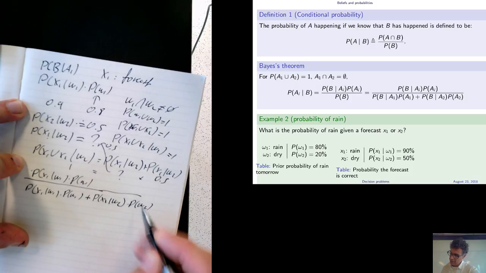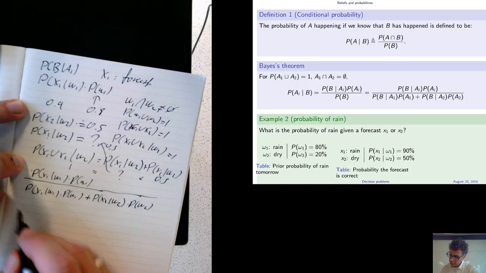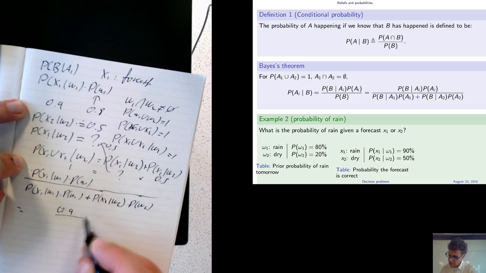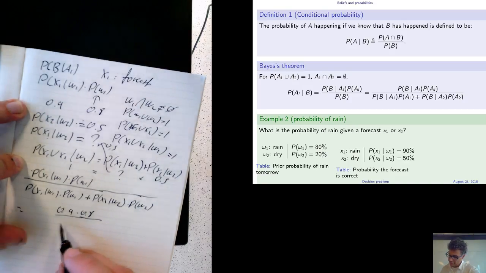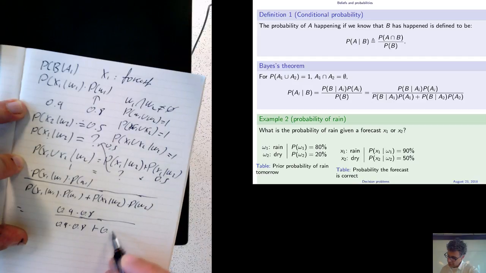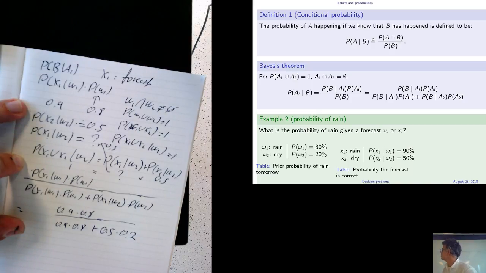And for this one we have 0.9 times 0.8, and for this one we have again the same. Here we have calculated 0.5 times 0.2, which is the prior probability we had of having rain. If you do the calculation, you get something like between 90 and 80%.